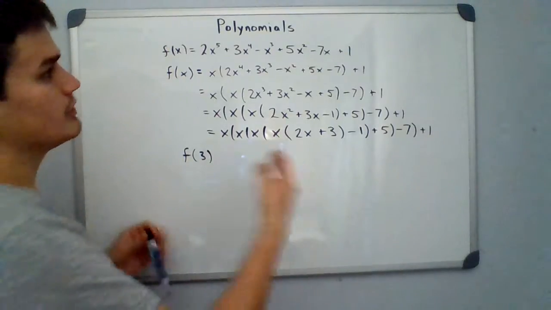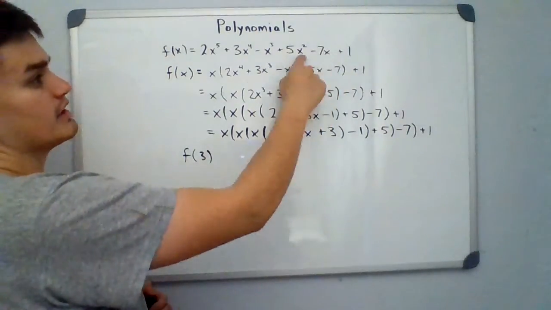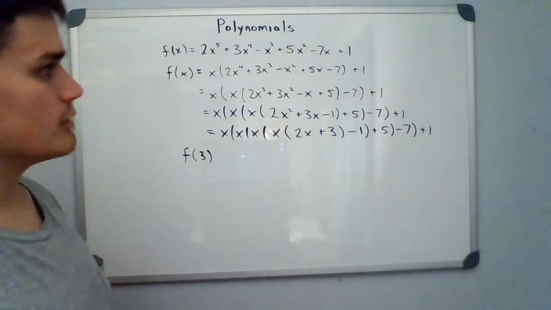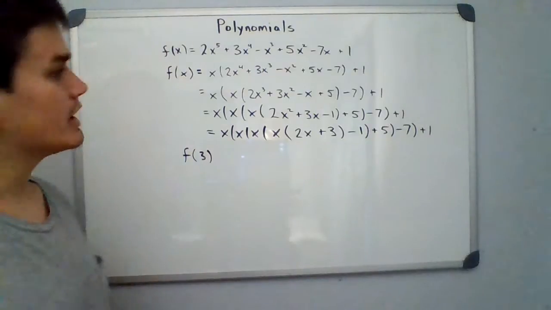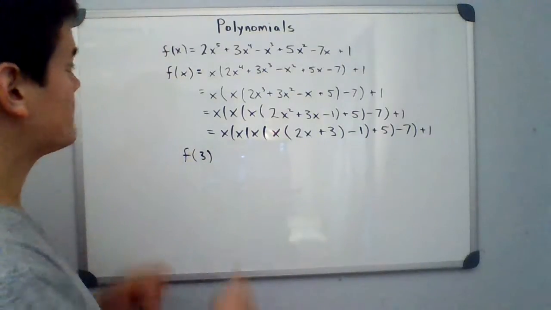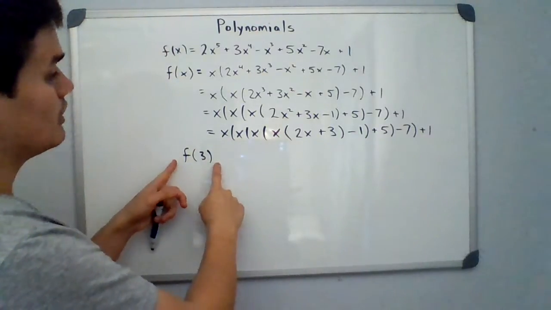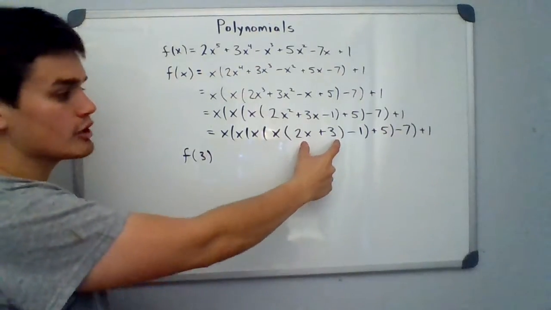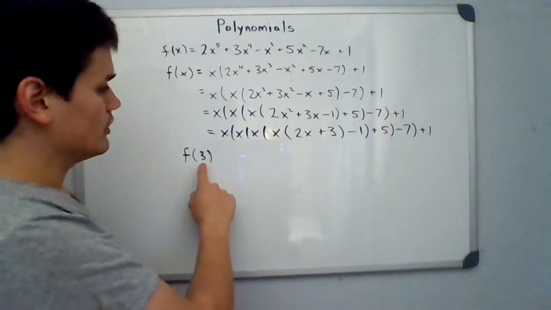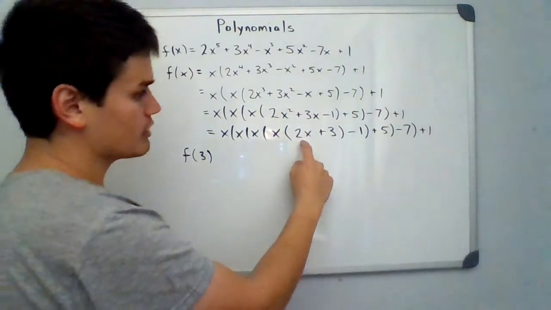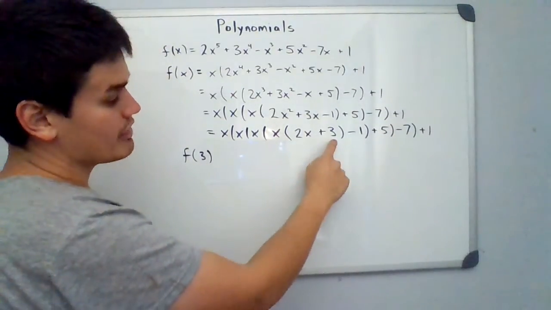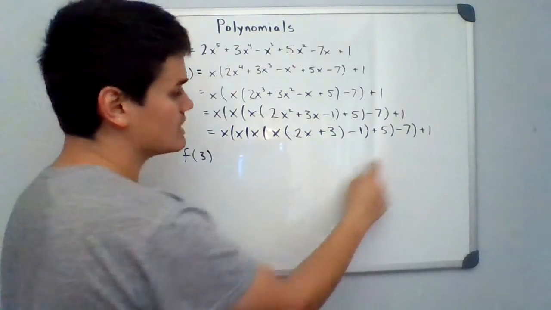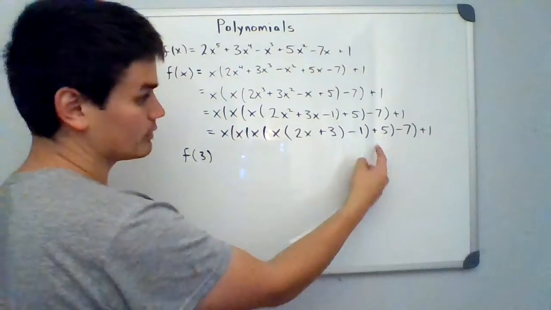And I might be able to do it faster by starting this way and then keeping a tally of what x is and just multiplying it each time, but that still wouldn't be very fast. The fastest way to evaluate this polynomial would be to evaluate this nested linear term first. So what I would do is multiply 2 by 3 and then add 3, and then multiply by 3 and minus 1, multiplied by 3 plus 5, and we're keeping a running total as we go.